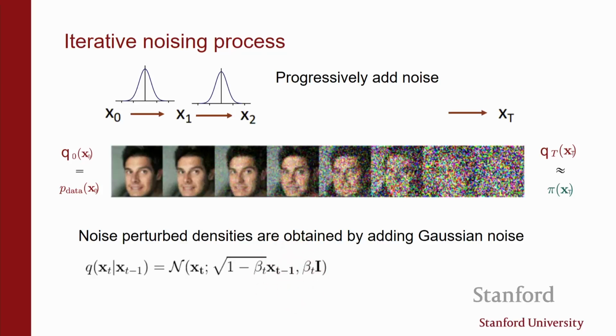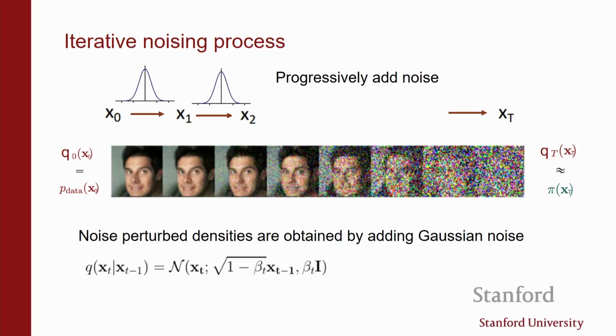It's not super important that there is a rescaling there, but the way you would generate a sample xt given a sample xt minus 1 is you would draw a sample from a Gaussian with a mean, which is just xt minus 1 rescaled, and some fixed standard deviation or fixed covariance.